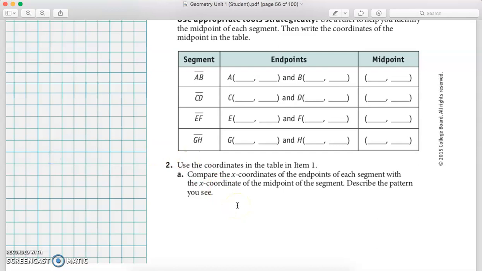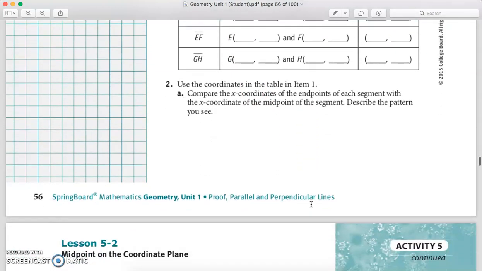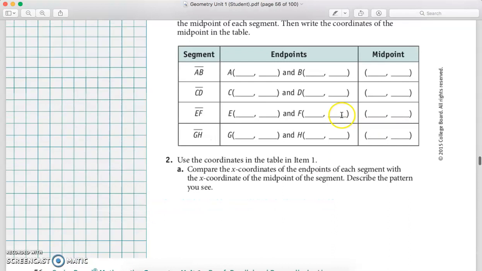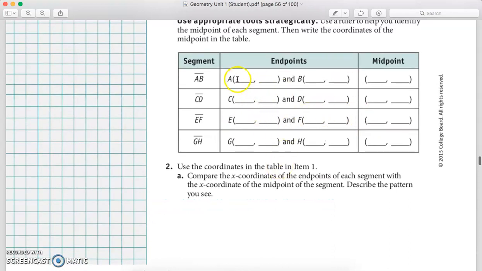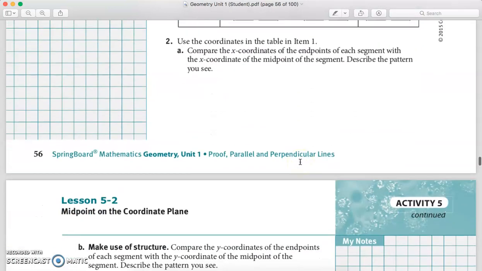Use the coordinates that you got in this table. We're going to compare the x coordinates of the endpoints with the x coordinate of the midpoint. Look at the x coordinates of the endpoints and see how they compare with the midpoint, and see if you can find a pattern with all the points. When you compare A and B with the x coordinate of the midpoint, what do you see? Same thing for C and D. There should be a pattern that you'll find.